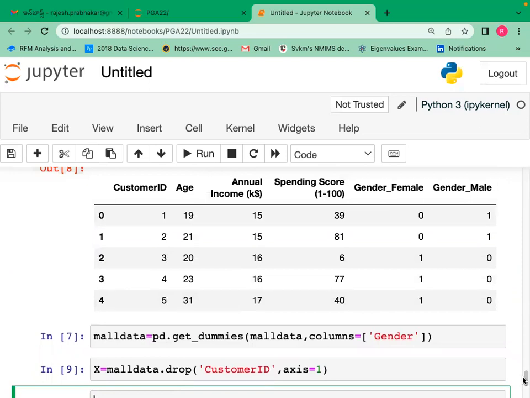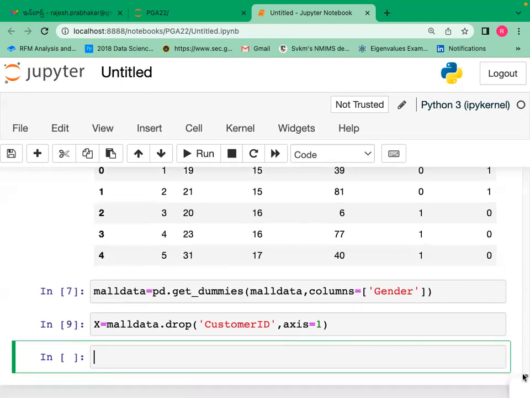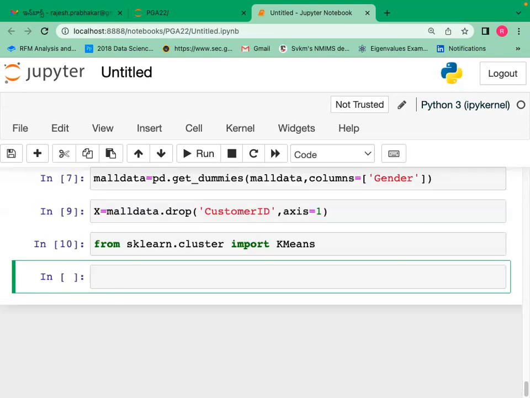Okay. Now, from sklearn dot cluster import KMeans.